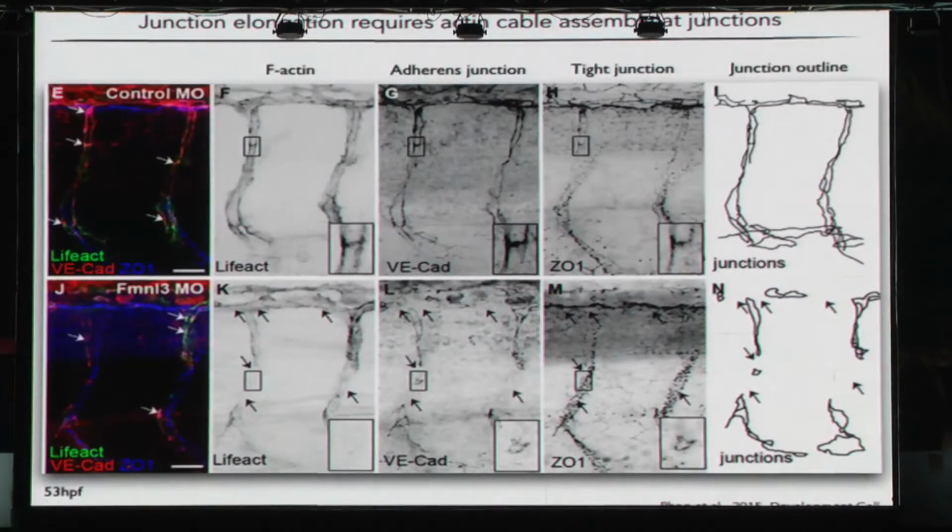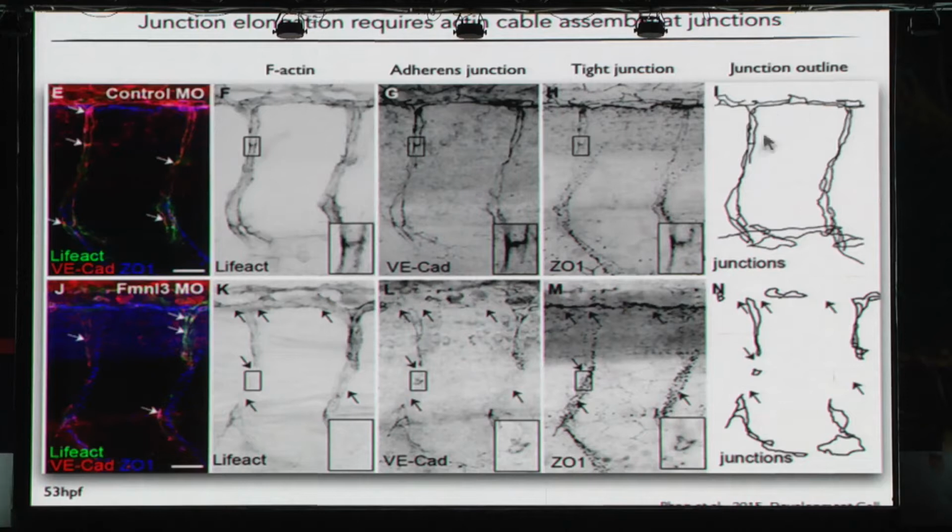We then examined the organization of the junctions in zebrafish morphants, where there's reduced FMNL3 expression and activity. So this is in a control situation, embryos that have been stained for VE-cadherin and tight junction molecule ZO1, and this shows actin.